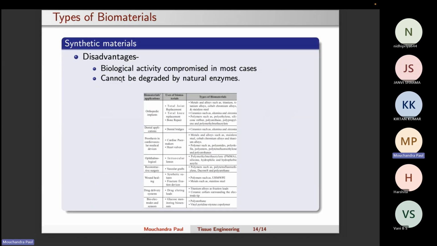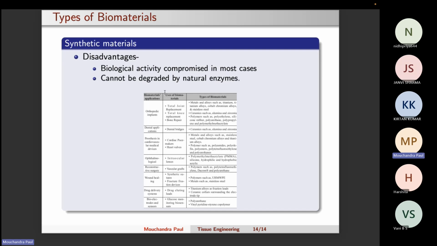But it has some disadvantages. First, a very important disadvantage: if you are going to use synthetic material for a biological application where you want your cells to grow and ultimately form tissue, then it is not possible because these materials do not have the required cell binding sites. So you have to graft, say, synthetic polypeptides like RGD, or do other modifications, so that our body, or the cells that you want to grow on it, can recognize it.